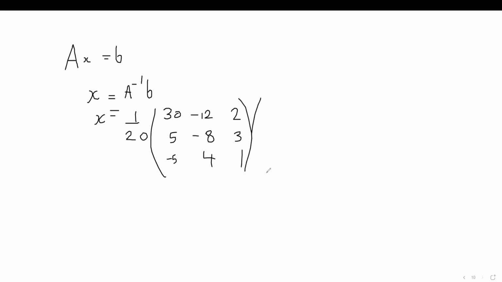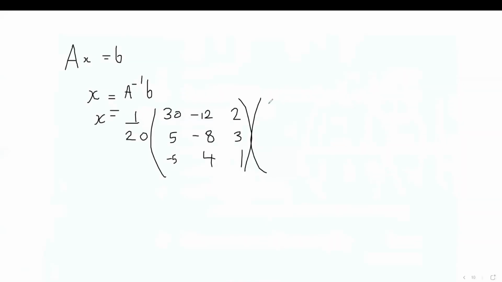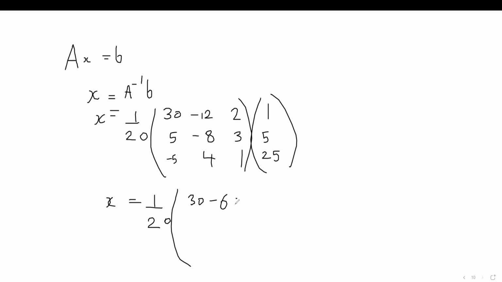Then we multiply it by the matrix b. Matrix b is from this right here, the small b: 1, 5, 25. And now we're going to simplify. So x now is 1 over 20 multiplied by, row by column: 30 times 1 is 30, then minus 12 times 5 is minus 60, 2 times 25 is 50.